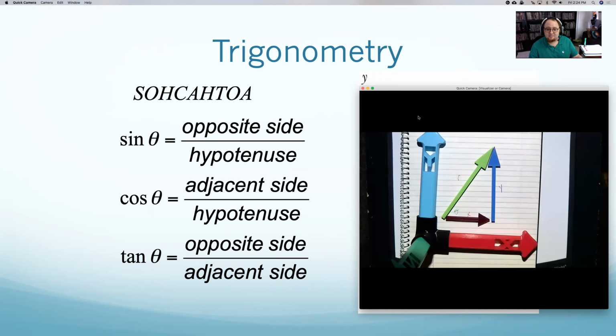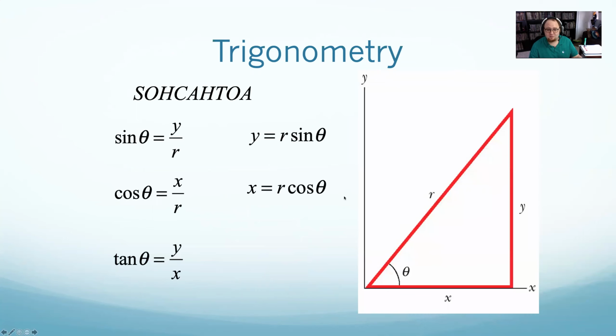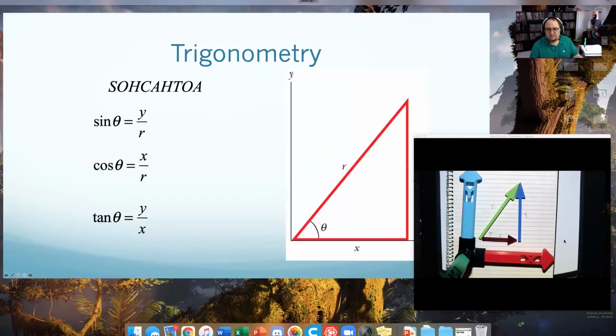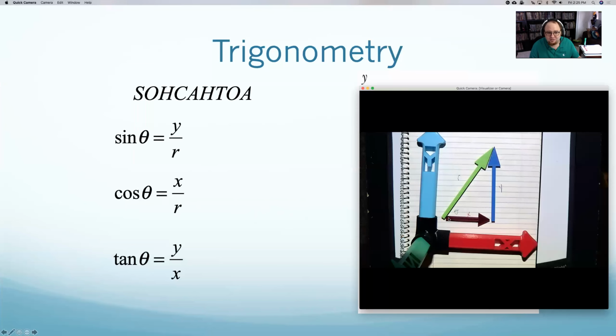Because if I measure my angle from the horizontal, opposite over hypotenuse is y over L. That means the sine of this angle is y divided by L. The cosine of this angle is x over L. The tangent of this angle is y over x.